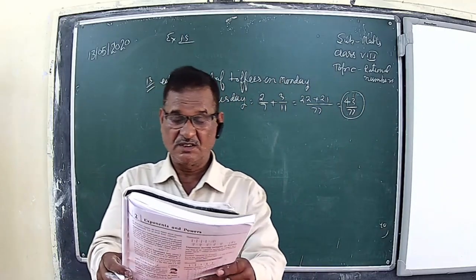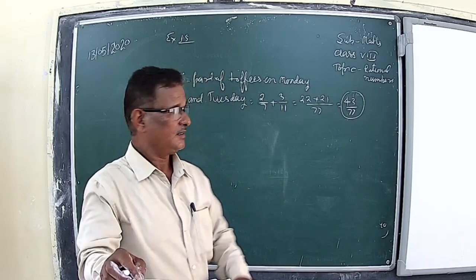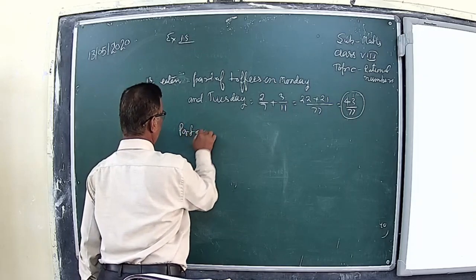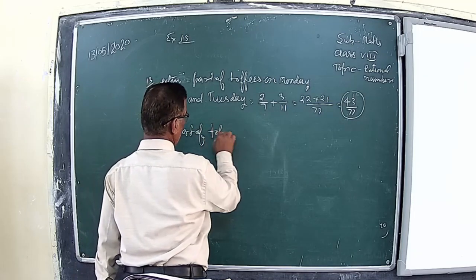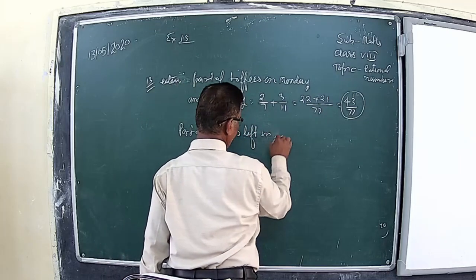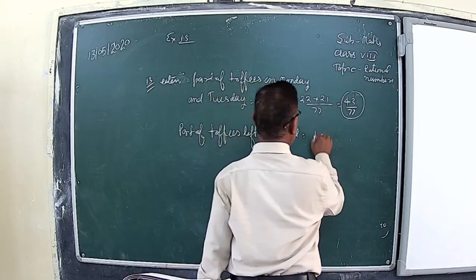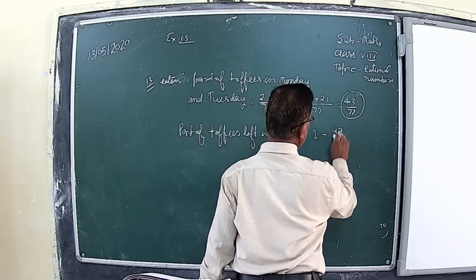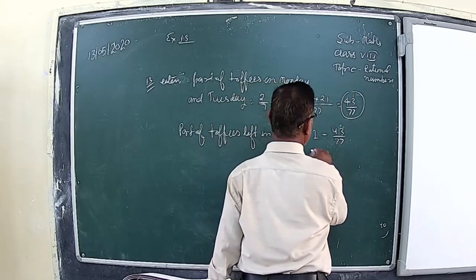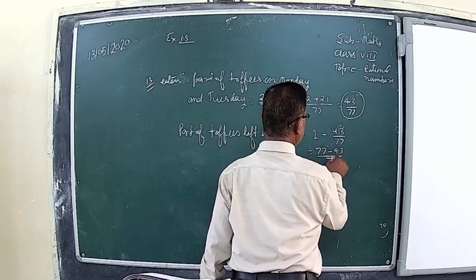We are asking what fraction of toffee is left in the packet. Then the part of toffees left in the packet is equal to 1 minus 43/77, which is 77 minus 43 over 77.